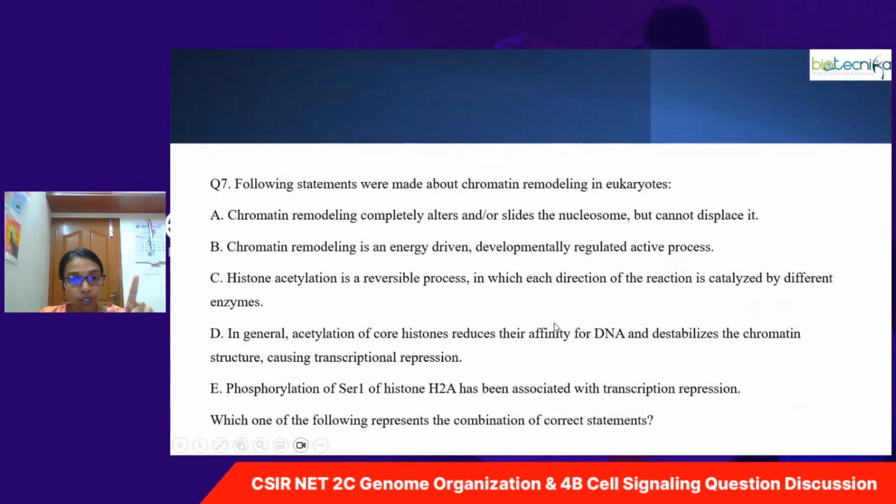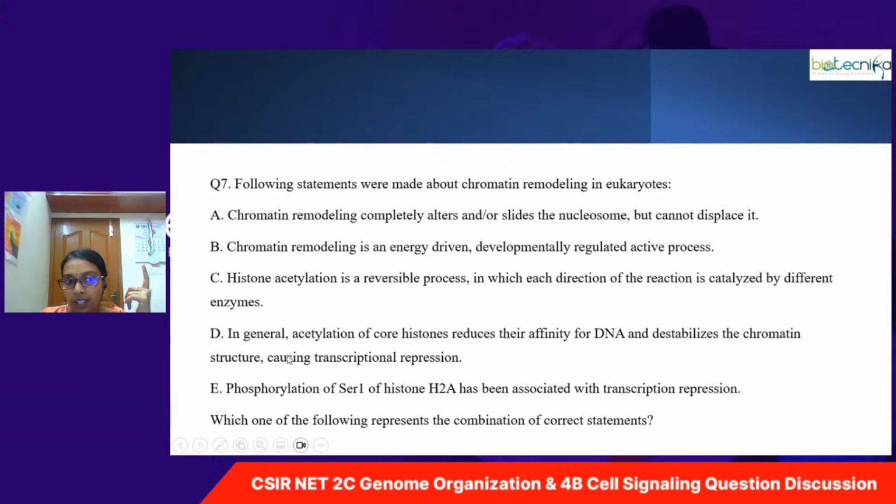Yes, this was the question I was saying about chromatin remodeling. It alters or slides the nucleosomes but cannot displace them. It's an energy driven, developmentally regulated active process. Acetylation is a reversible process in which each direction of reaction is catalyzed by different enzymes.